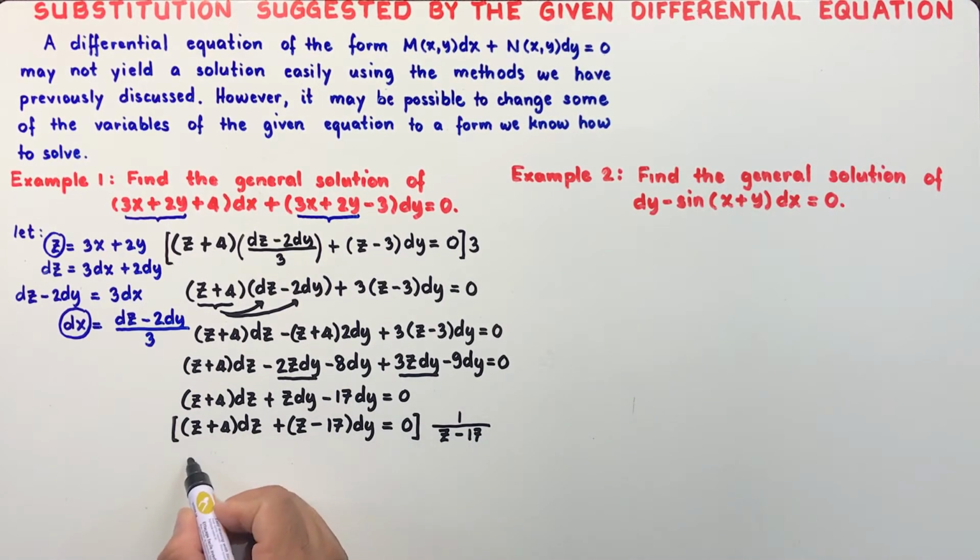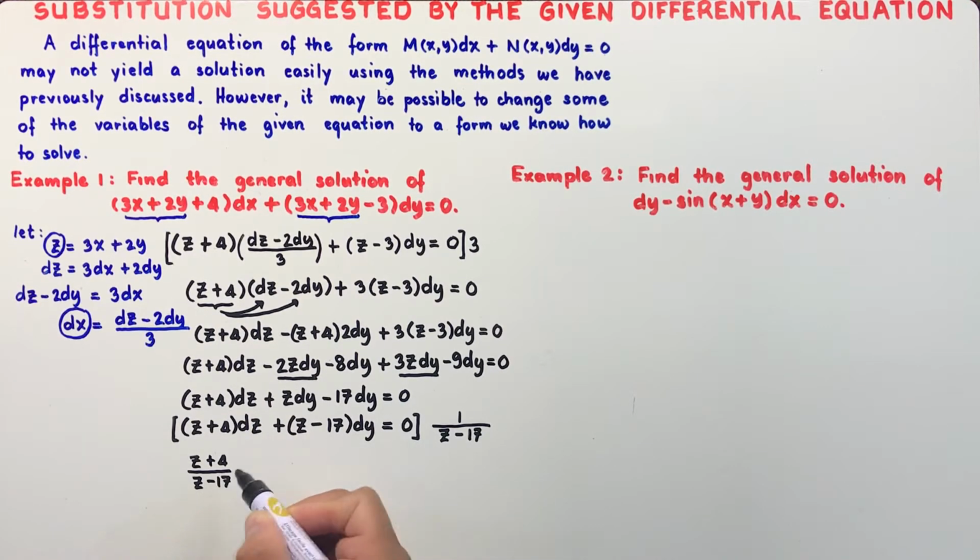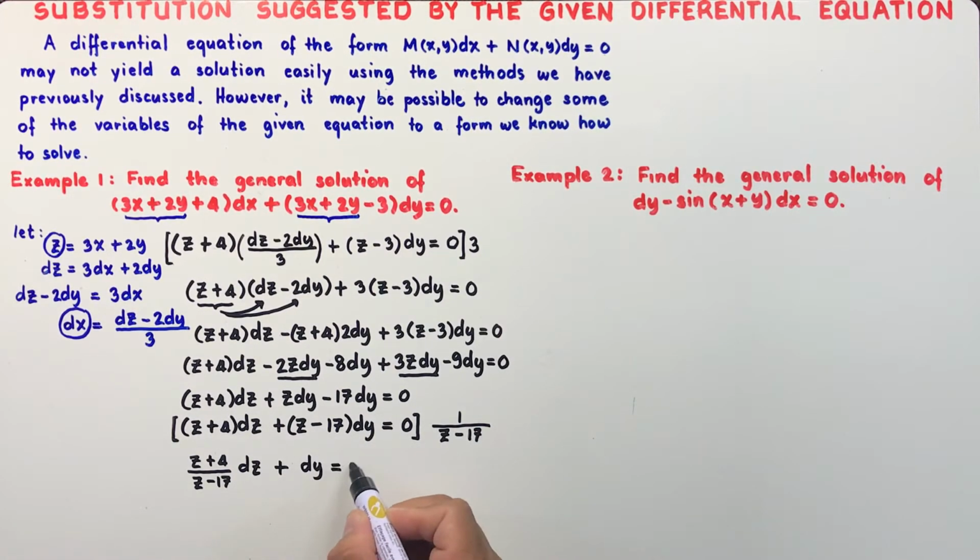So we have (z plus 4) over (z minus 17) dz plus dy, which is equal to 0. We can now integrate each term in this equation. No problem with the dy, it's very easy to integrate, but we need to simplify this fraction because it is an improper fraction.